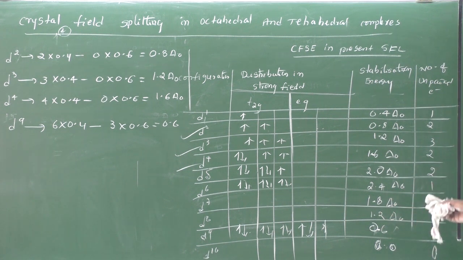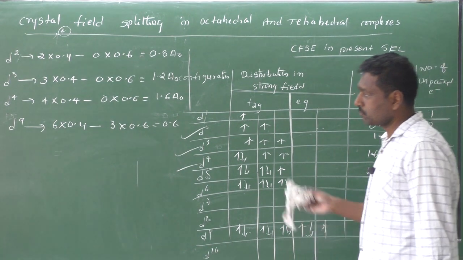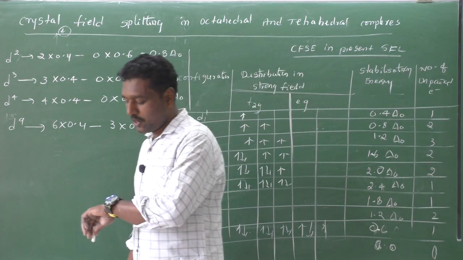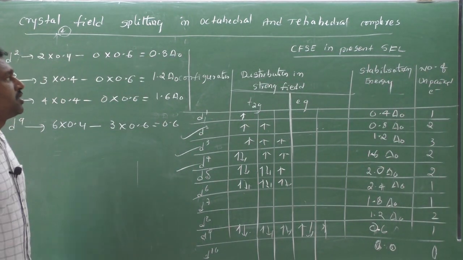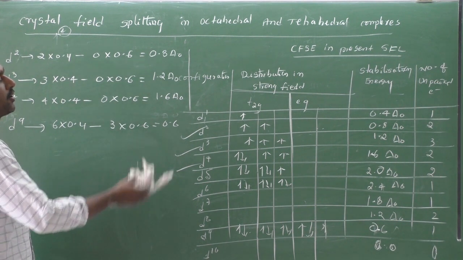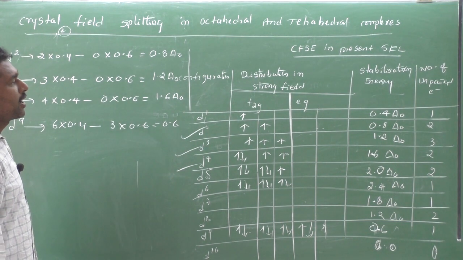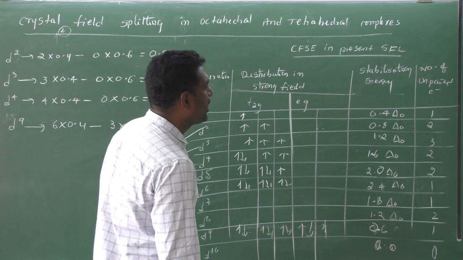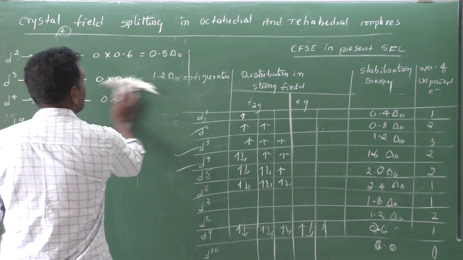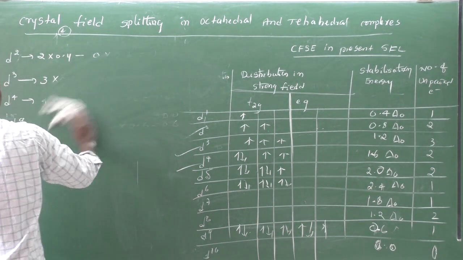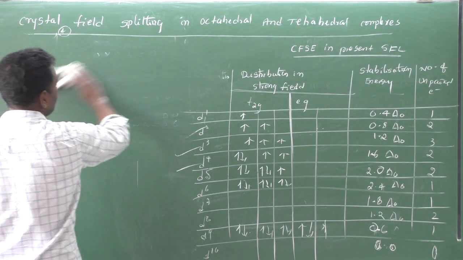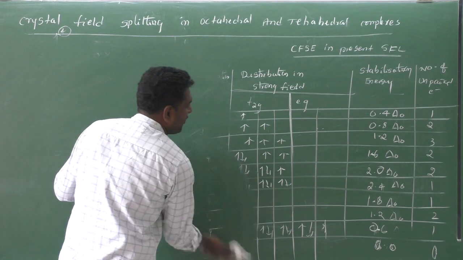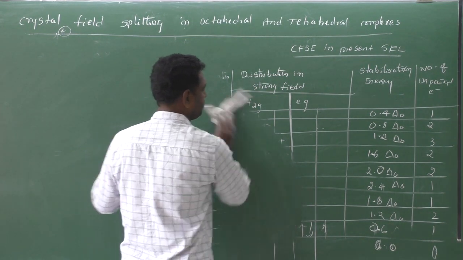So this is about crystal field stabilization energy. Here we are taking strong field ligand. For this we are taking weak field ligand. How can we calculate how much value is there for weak field ligand? Weak field ligand is different from strong field ligand.